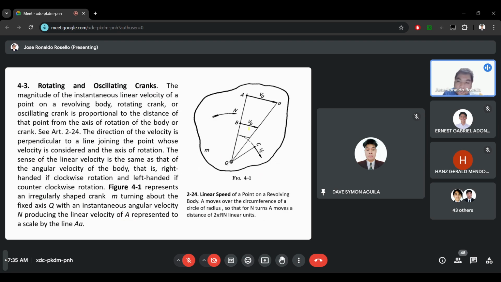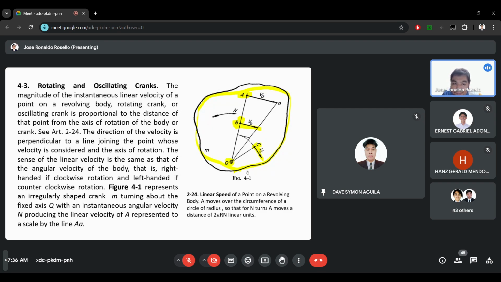So for example, if we have this irregular shape link, we have points of interest at Q, C, B, and A. We can deduce that velocity at C is lower than velocity at B because the vector is shorter.